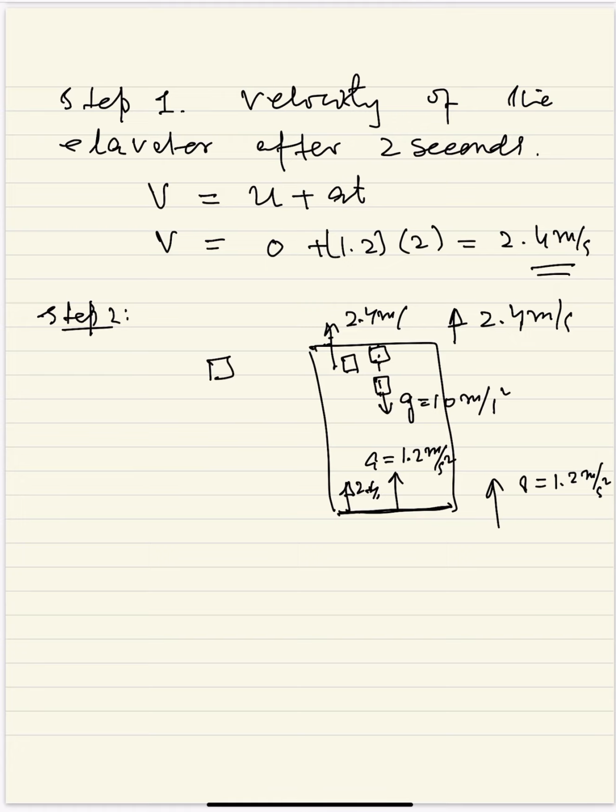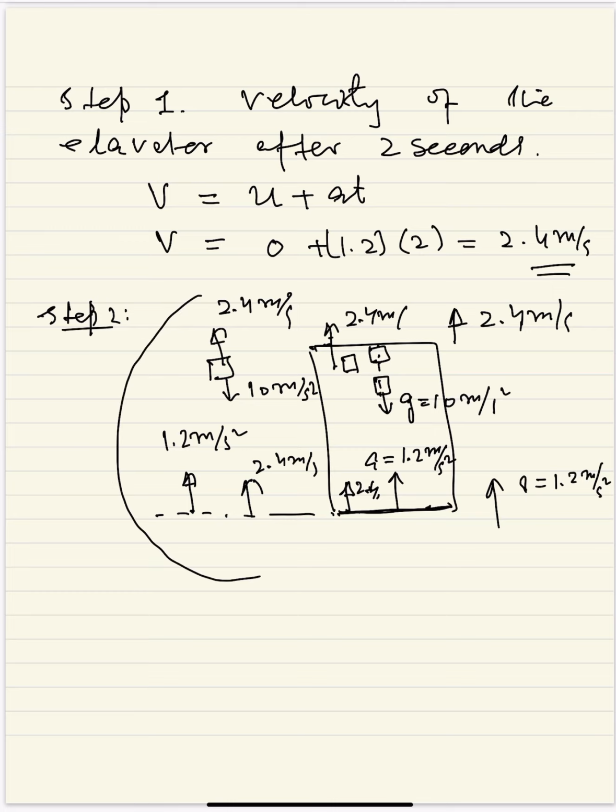The bolt when detaches has velocity upwards 2.4 meter per second, and base also has velocity upwards 2.4 meter per second. But now this bolt has an acceleration downwards, that is 10 meter per second square, and this base has the acceleration upwards, that is 1.2 meter per second square.